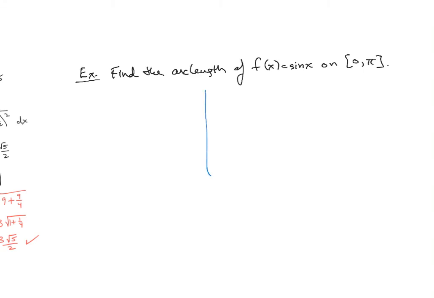Right, so we could graph this, sine of x from 0 to pi. Looks like this. So here's 0, here's pi. We want to find the length of that piece of the sine curve. Well, okay, so it's not bad, right?